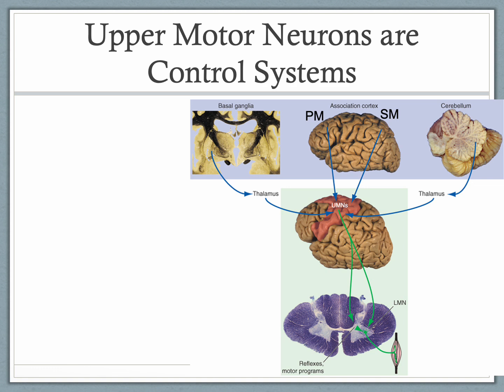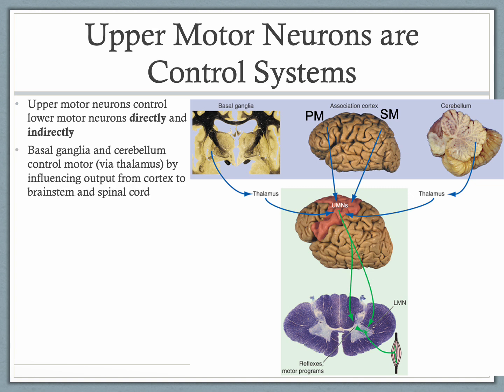So upper motor neurons are control systems. Upper motor neurons control lower motor neurons directly and indirectly at the same time. Basal ganglia and cerebellum control motor output via the thalamus by influencing output from cortex to brainstem and spinal cord.